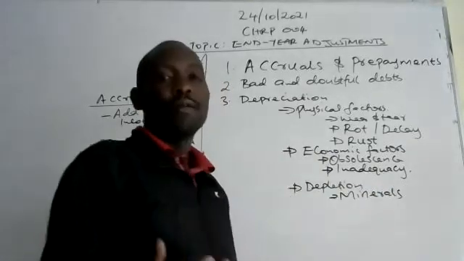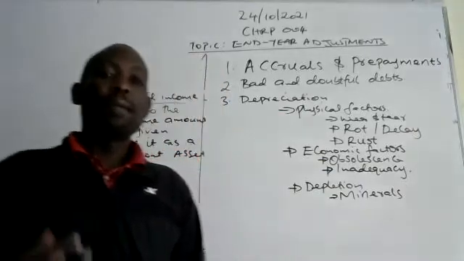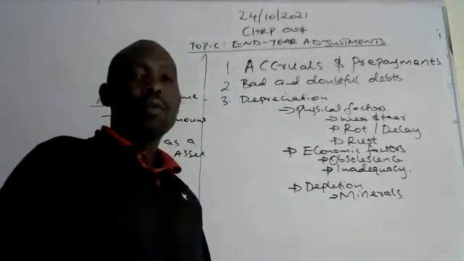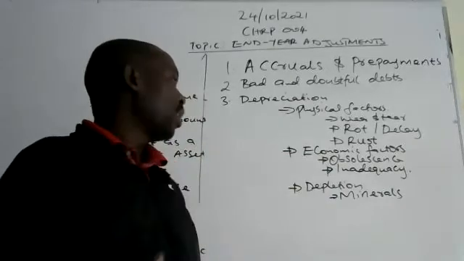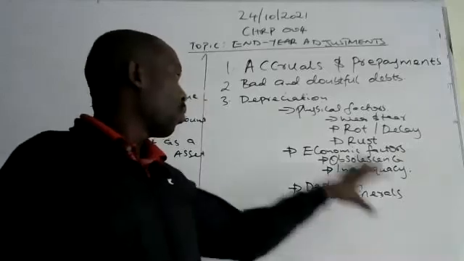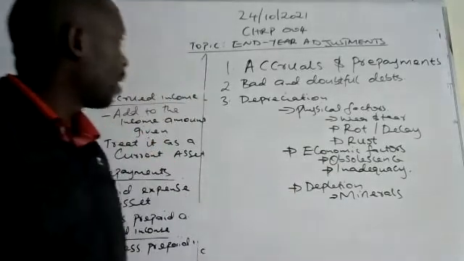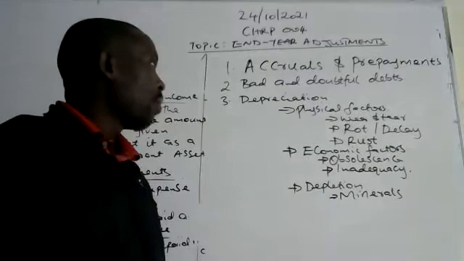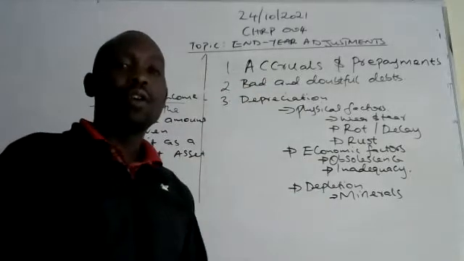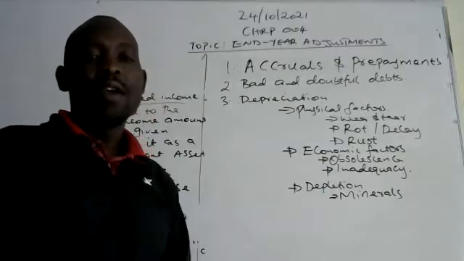If we have a mine where we normally get these minerals from, as we go mining them, we are actually depleting them, and the value is reducing. So all these are factors that can cause depreciation. But the most important thing is to understand that depreciation is the loss in value of an asset.